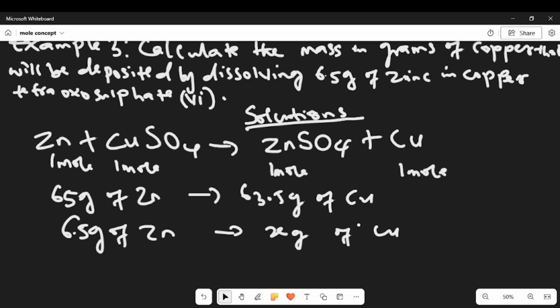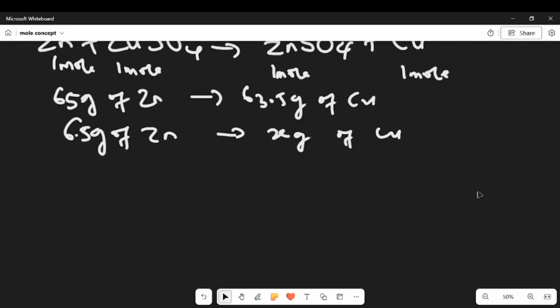But we don't know the mass of copper that will be produced from 6.5 grams of zinc. That is why we called that mass X. Whatever we get as our X will be the mass produced by dissolving 6.5 grams of zinc in copper tetraoxosulfate VI. Is that okay? All right.